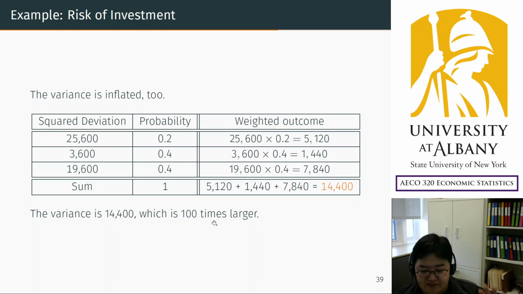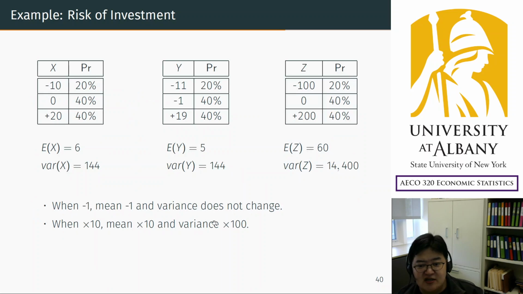Then in sum, this is an interesting result. Let's compare three examples together. This was the original example, and this is the second example where I considered a $1 commission. And this is the last example where I considered increasing by 10 times, like multiplying by 10, right?